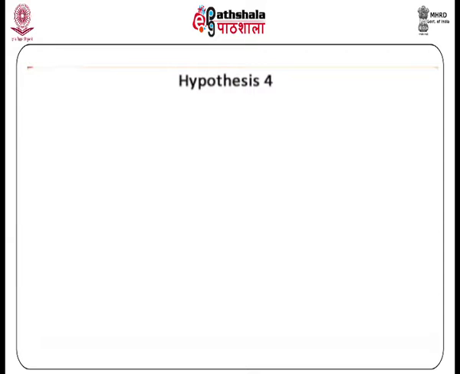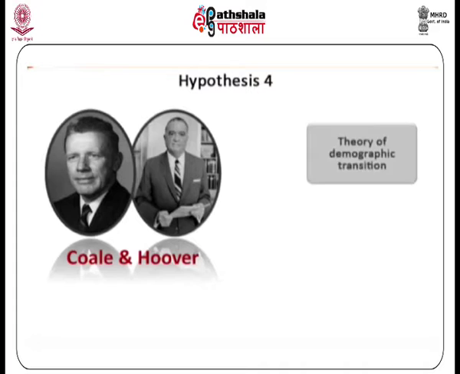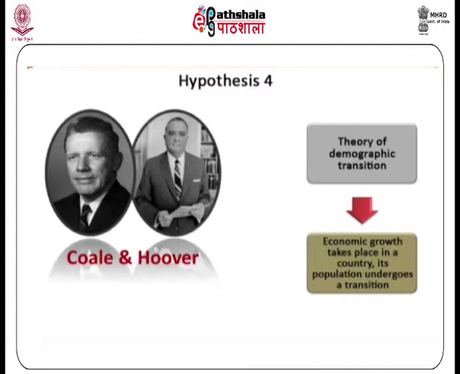Hypothesis number 4. This hypothesis is not framed specifically for India, but has certain relevance in the Indian context. Cole and Hoover have framed the theory of demographic transition, which says that as economic growth takes place in a country, its population undergoes a transition.